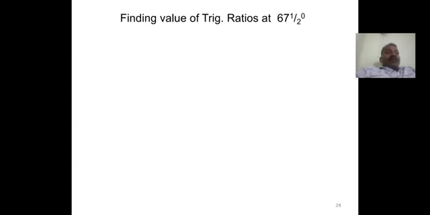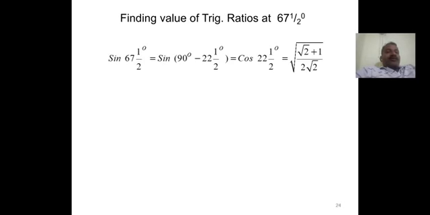Similarly, we can find 67 and a half. This 67 and a half is not important, but just roughly we have to see how to find the values of this. Sine 67 and a half equals sine (90 minus 22 and a half), that is cos 22 and a half, whose value is square root of (root 2 plus 1) by 2 root 2.